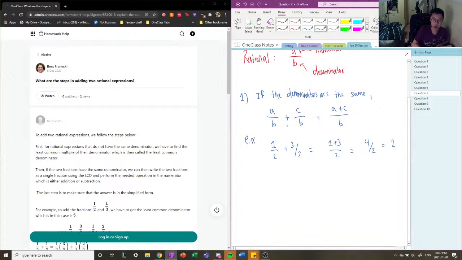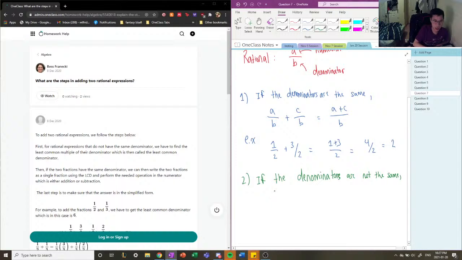So in all other cases, you want to attain the first case because that's how you add, right? So the second case is if the denominators are not the same. And mostly all the cases that you encounter are going to be of this kind. Okay. So if the denominators are not the same, we have a little bit of a conundrum.